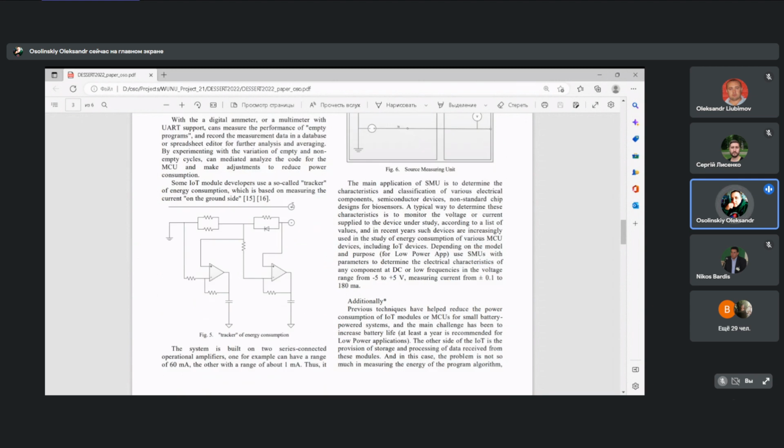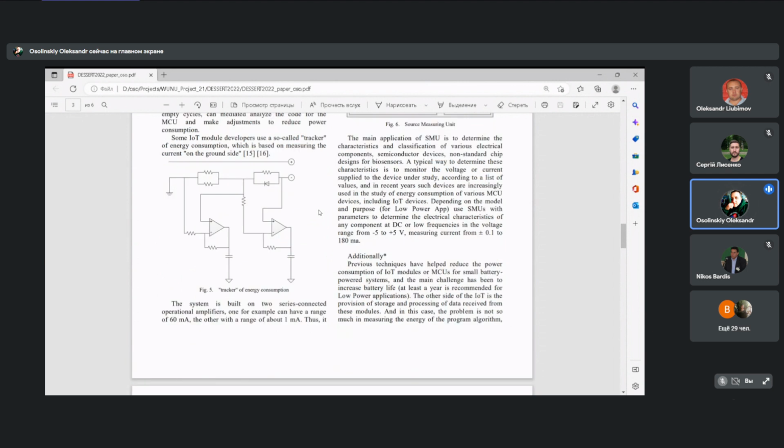Another method which I analyzed is called a tracker of energy consumption. In this method, we measure the charge and discharge of the battery on the microcontroller, and all these methods are in the range of microwatts and microamperes.